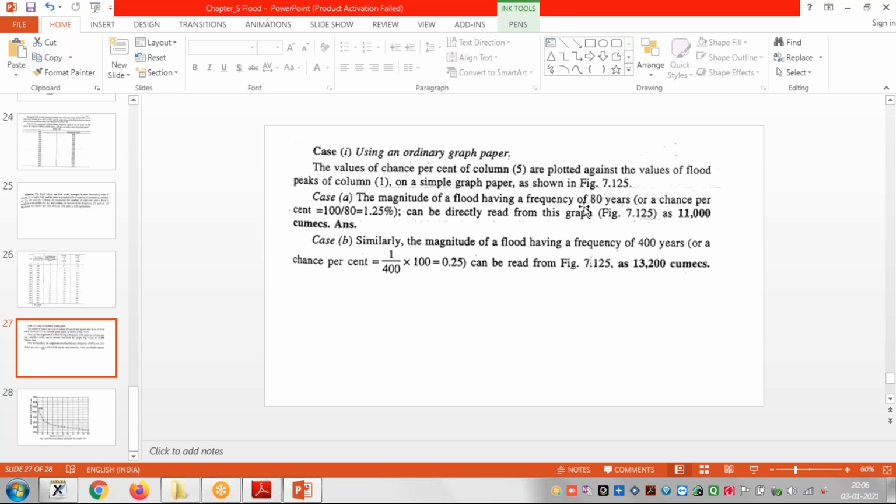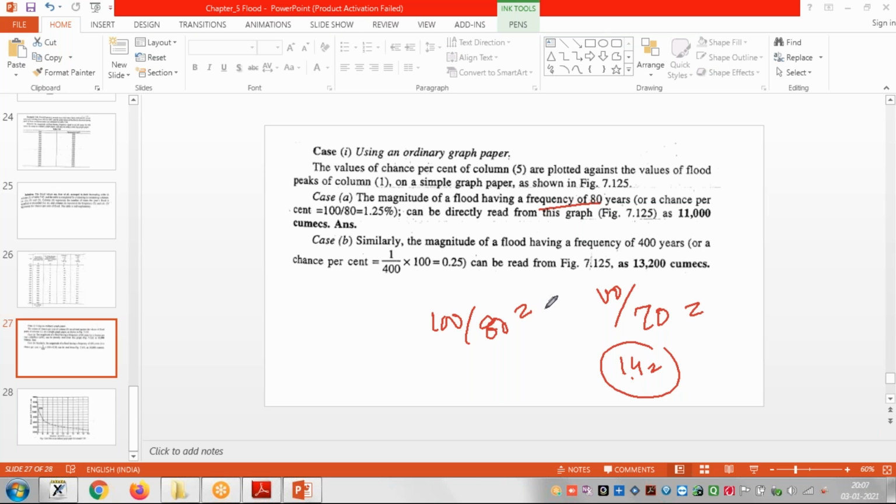The magnitude of a flood having the frequency of 80 years: what is the chance percentage? 100 divided by 80. If I ask you about a frequency of 70 years, I divide 100 by 70 and get 1.42.